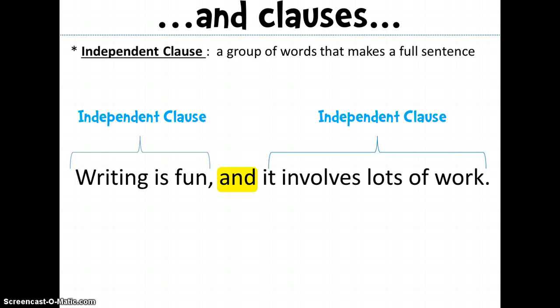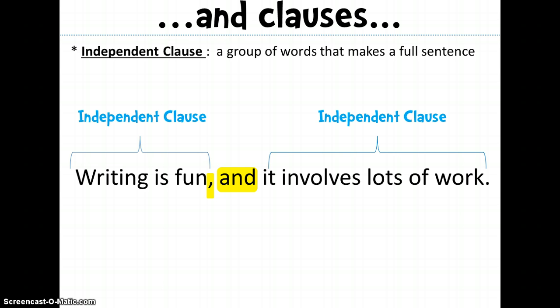Now what we want to notice about this sentence is that we have two independent clauses joined by a coordinating conjunction. We also have something else here, and that's the comma. Whenever we have two independent clauses joined by a coordinating conjunction, we must have a comma before the conjunction. It separates these two independent clauses from each other.